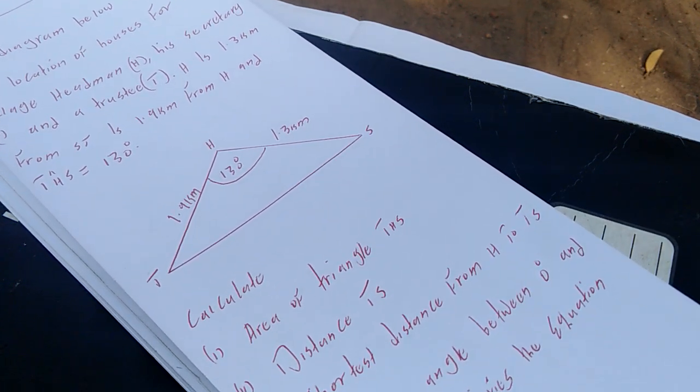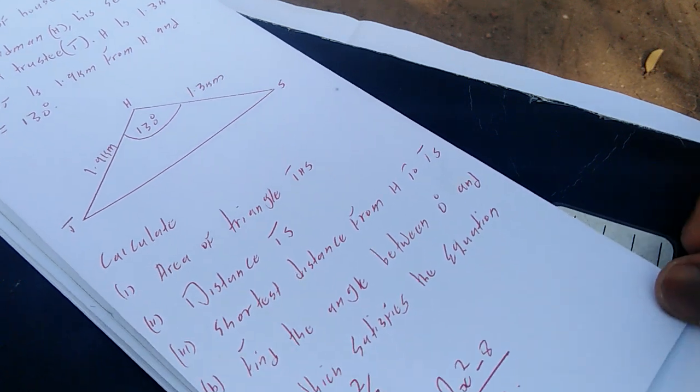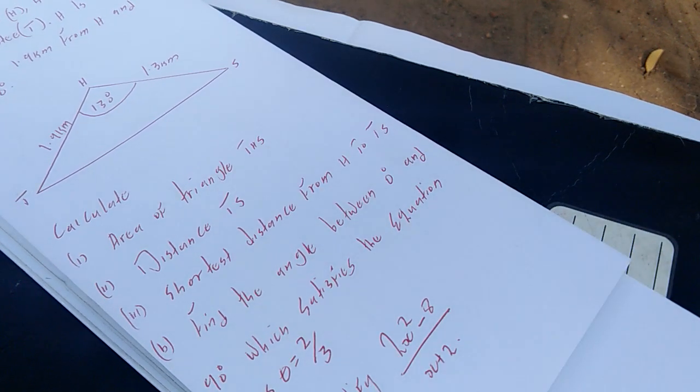The first question says calculate the area of triangle THS. The second asks to calculate the distance, and the third asks for the shortest distance.